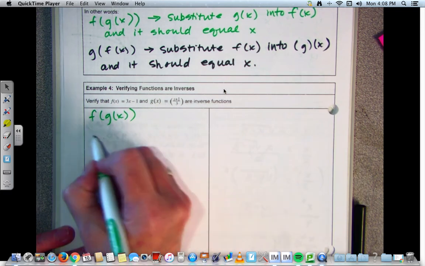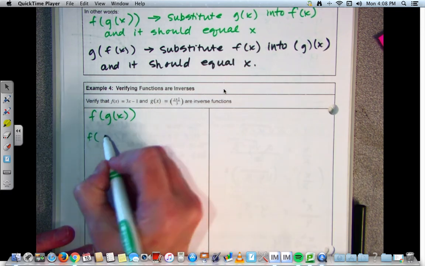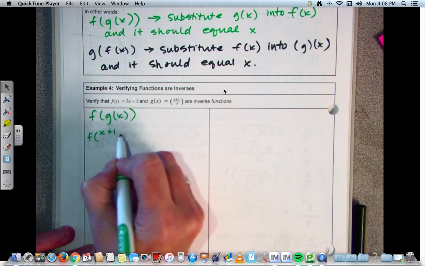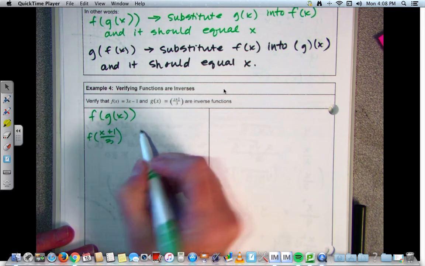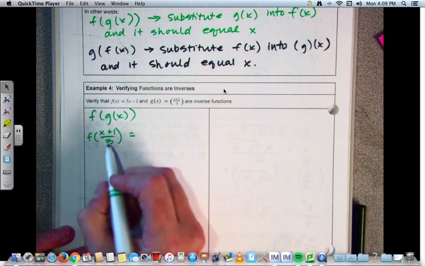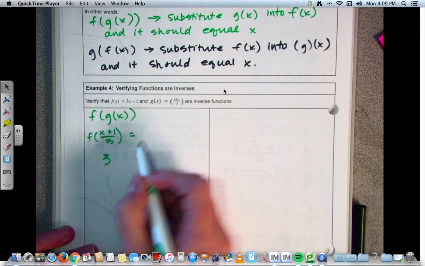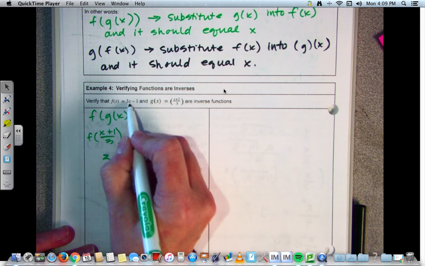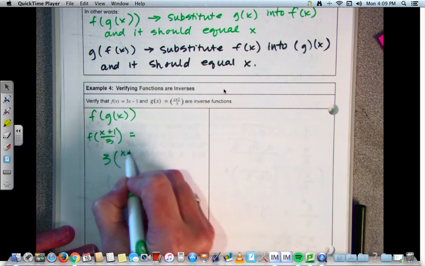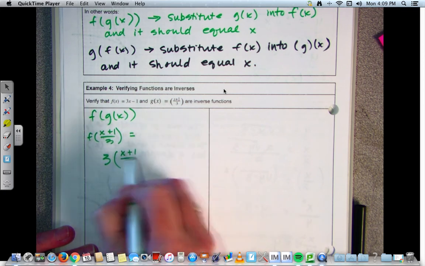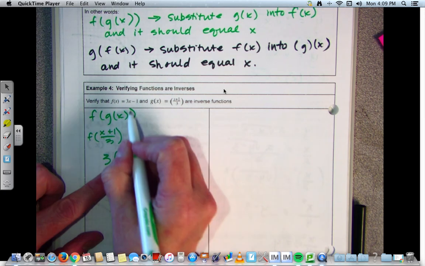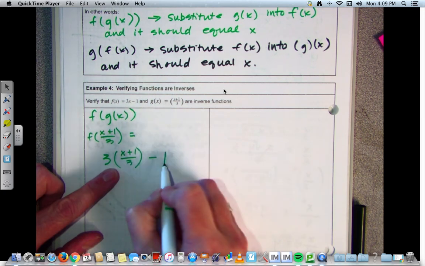So this is what it looks like. F of g of x, which is x plus 1 all over 3, equals, we take the function f of x, 3x minus 1, and we substitute the g of x in where that x is. So this is x plus 1 over 3, minus 1.